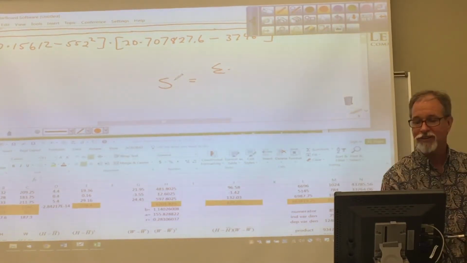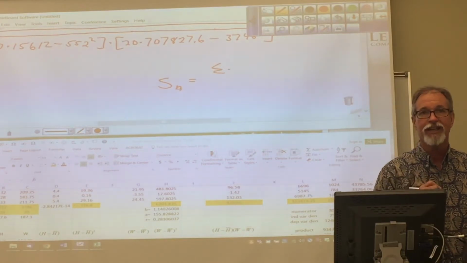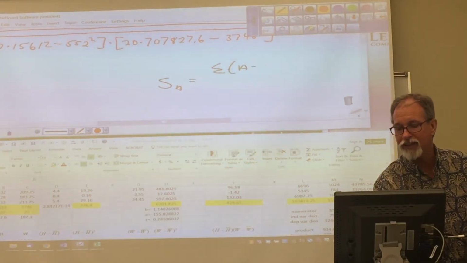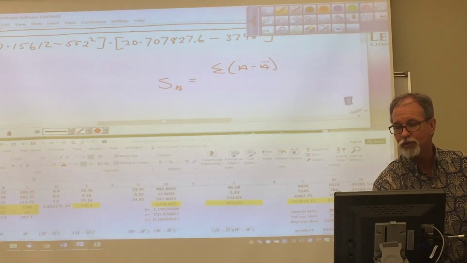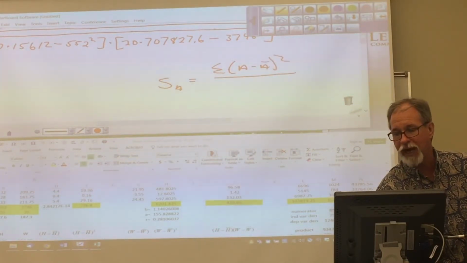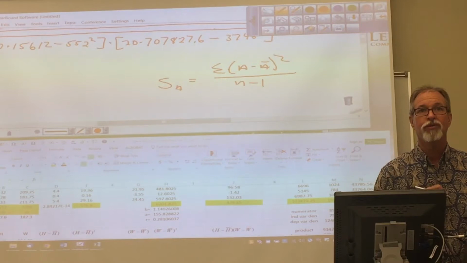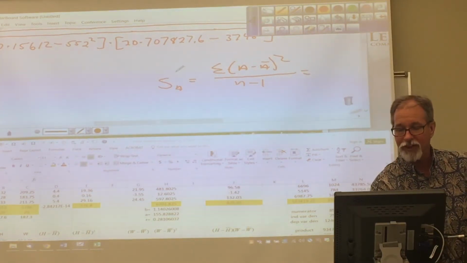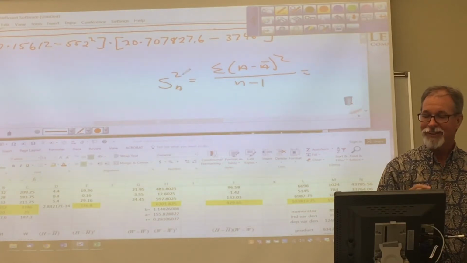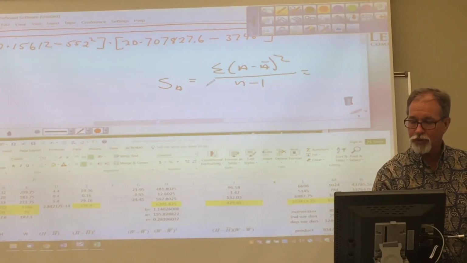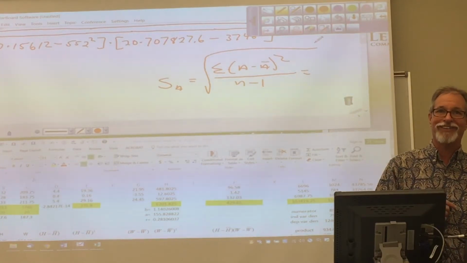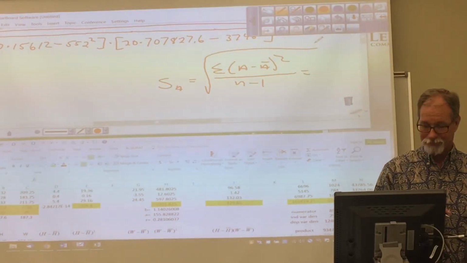What's X? Well, X is my age. So I want to take my A minus A bar squared and divide it by N minus 1. Well, that would be the variance. And then if I take the square root of that, I get the standard deviation.